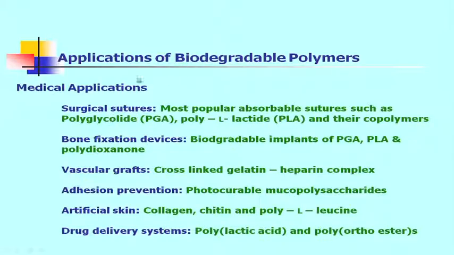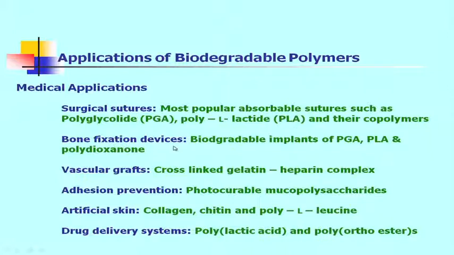And for the application of biodegradable polymers, we can mention surgical sutures. The most popular absorbable sutures are polyglycolide PGA, poly-L-lactide PLA and their copolymers. These are used as very good bioabsorbable sutures.